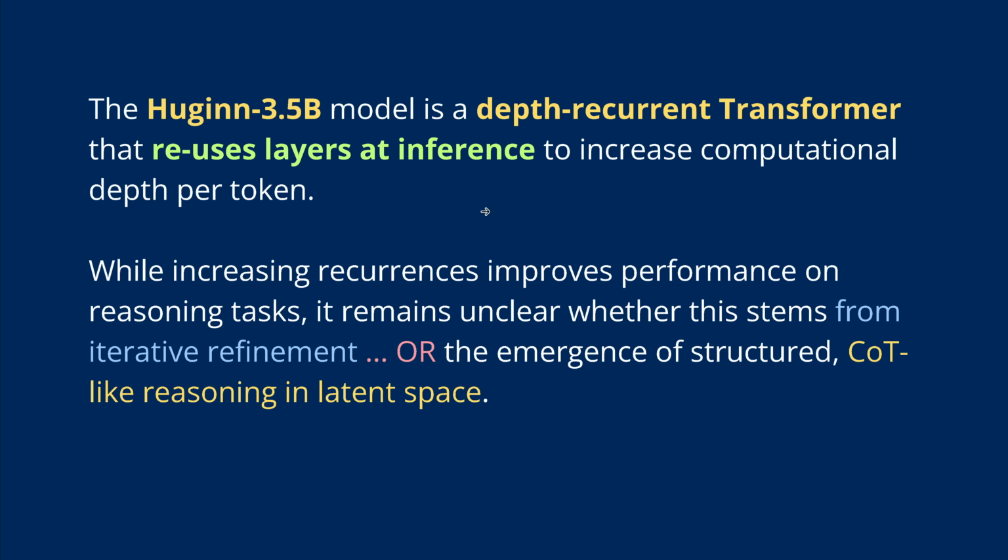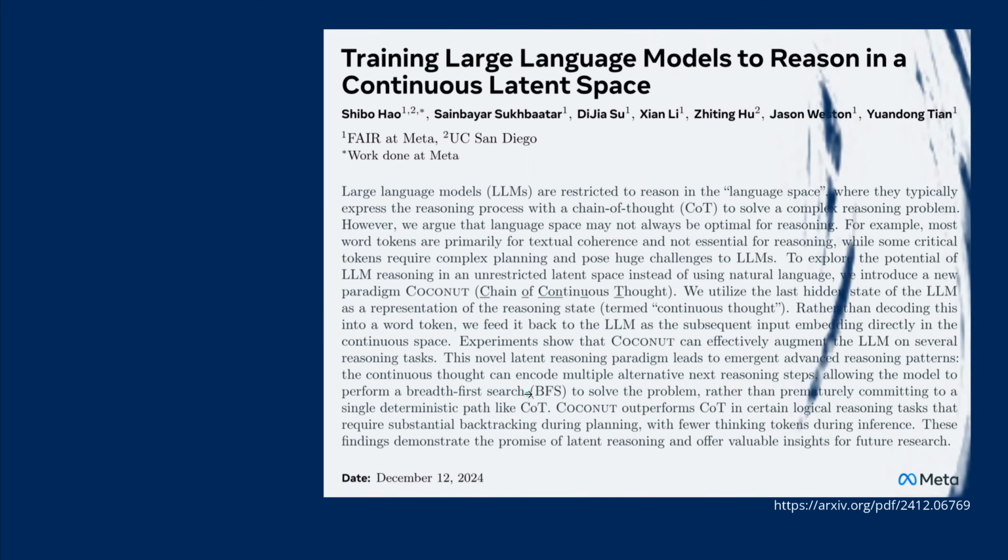And now we want to know in the reasoning task, it's still unclear whether the improvement here, if we do the reuse of layers, stems from an iterative refinement, or, and this is the big question, we have the emergence of a structured chain-of-thought-like reasoning that is now happening in our latent space, in our vector space.